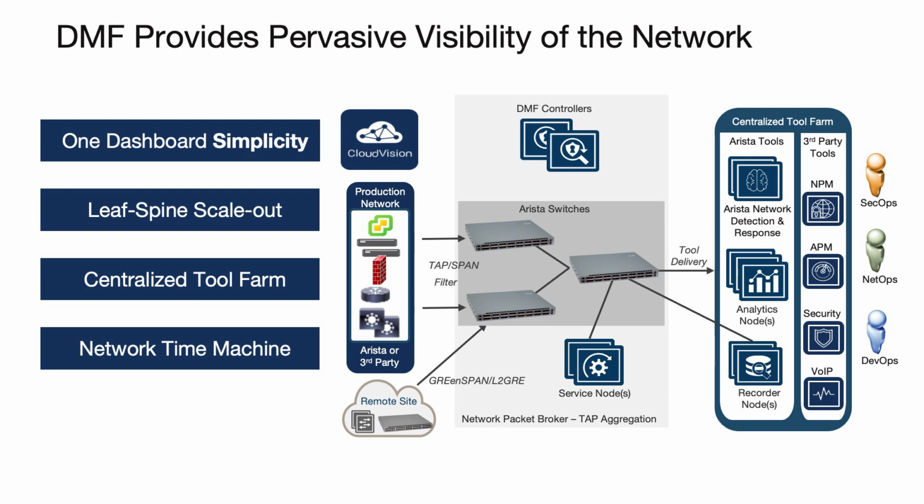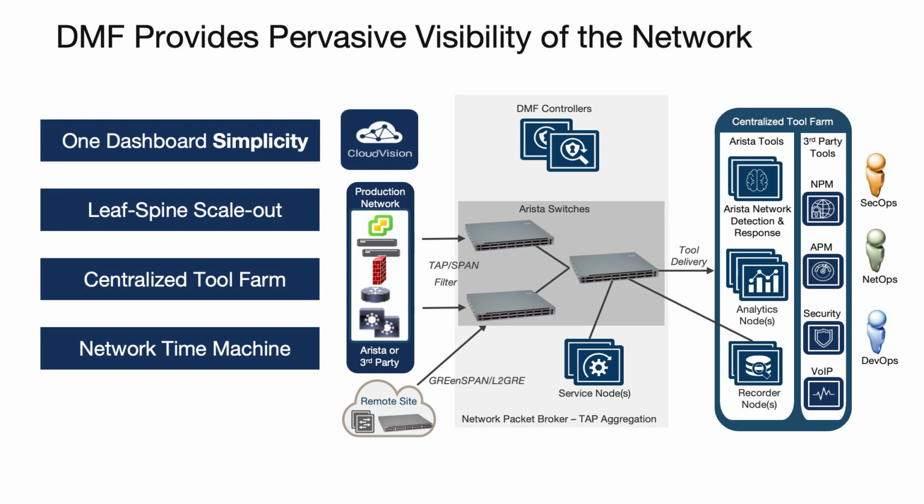One of our goals with DMF is to help our customers deploy a centralized tool farm that provides pervasive visibility of north-south, east-west, and even VM-to-VM traffic. And so DMF helps to eliminate silos of network packet brokers just connected to certain parts of the network. It eliminates box-by-box configurations with the controllers. Therefore, it eliminates silos of tools that are connected to only part of the network.